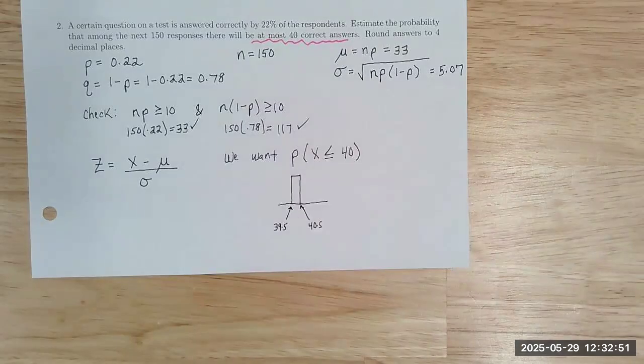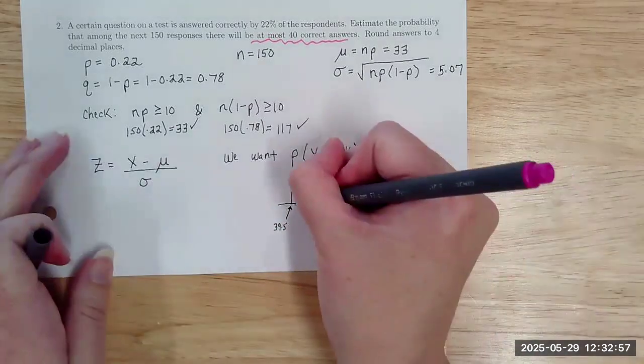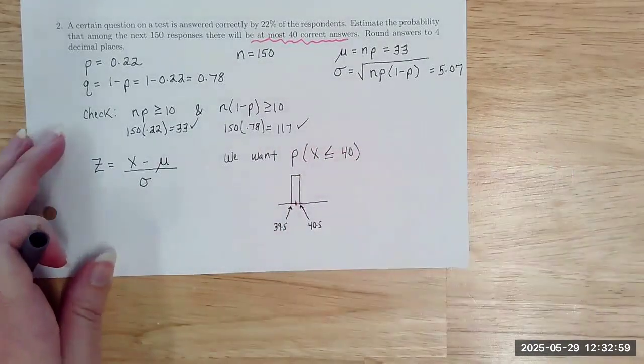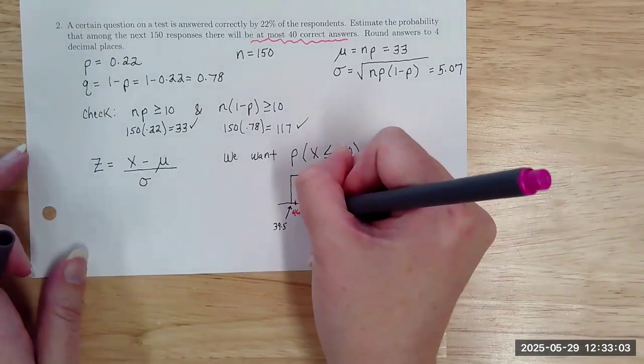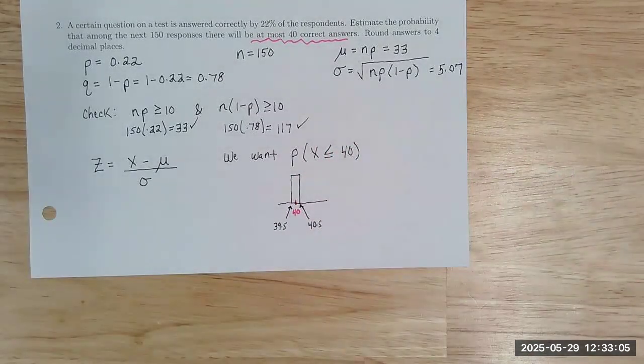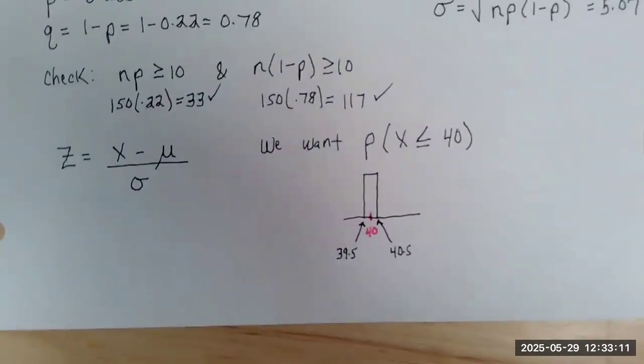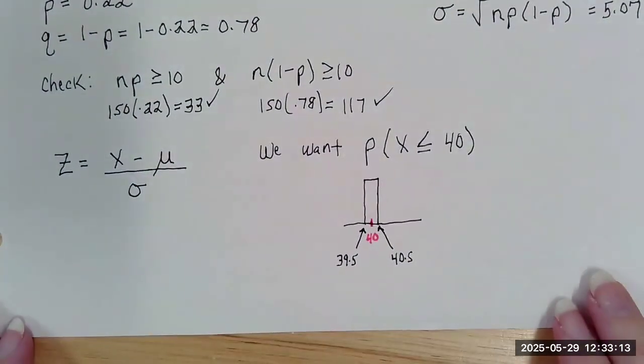And right in the middle of the rectangle is always the whole number that we're talking about. That 40 is going to go right in the middle of the rectangle. So I'll put a little pink mark right there. That's the 40. And I'll zoom in a little so that we can talk about the adding or the subtracting part.